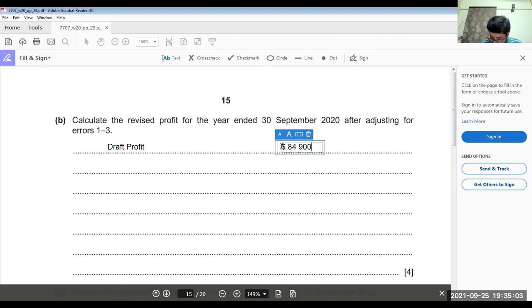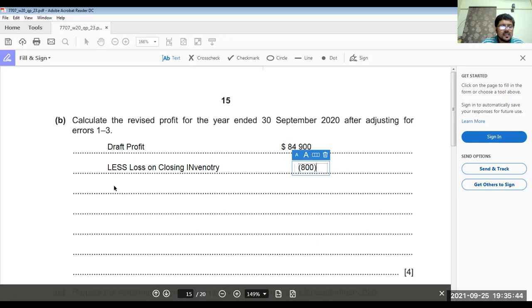Done. Now, first error. The loss on inventory is how much? 5,200 minus 4,400, it is 800. So we have to deduct, less loss on closing inventory. It's 800.